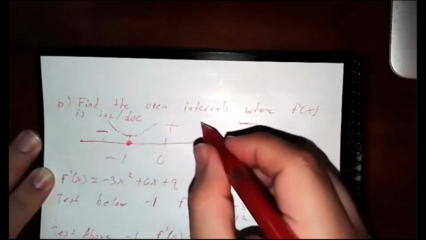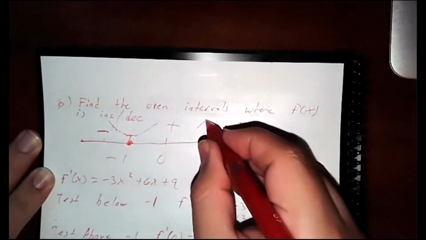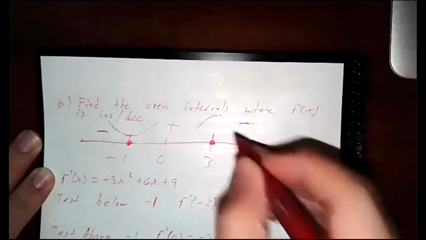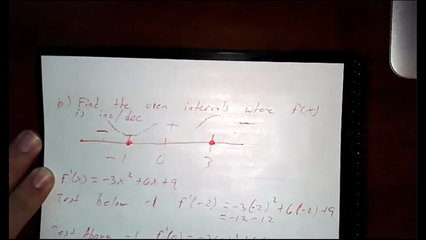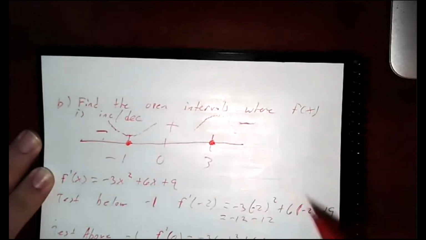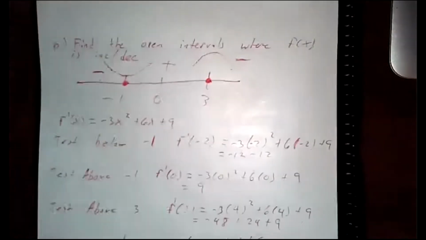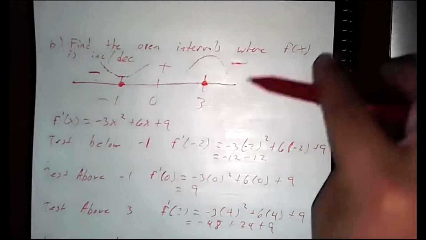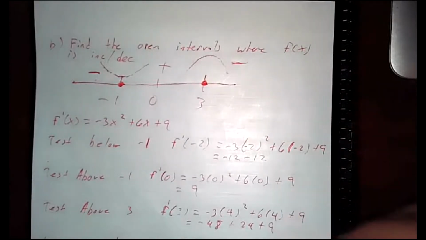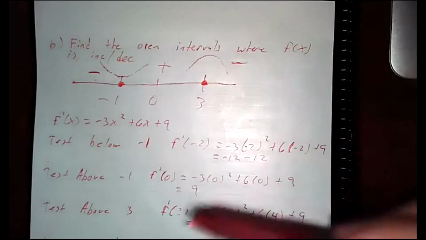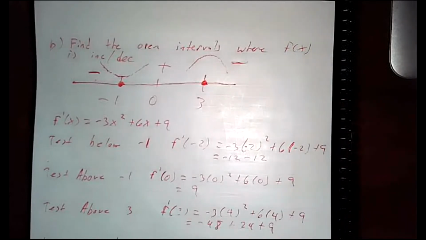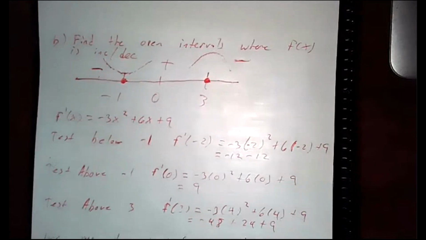Then over here, I am increasing, but when I get to 3, I am decreasing because of the plus minus. Therefore, maximum. This is the first derivative test, which tells us where we're increasing, decreasing, and what is a minimum, what is a maximum.